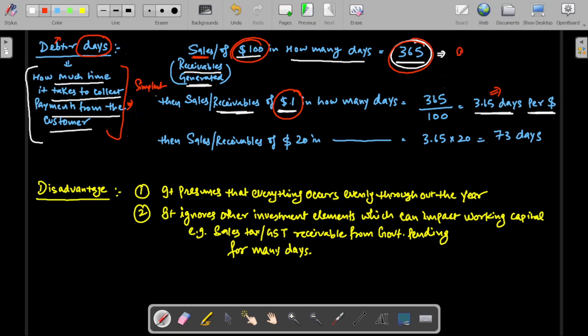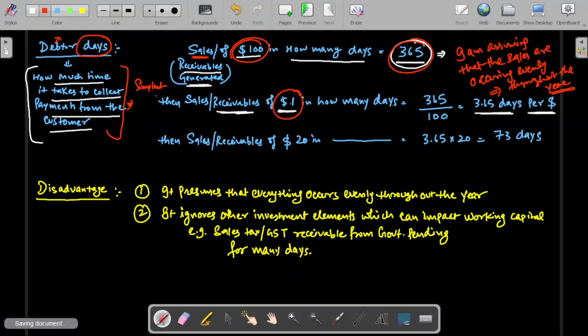That means I am automatically assuming here that the sales are occurring evenly throughout the year. I am presuming that $1 worth of sales is done after every 3.65 days. Actual circumstances could be different.